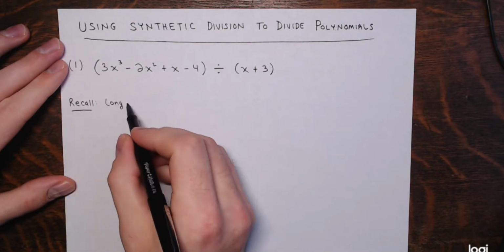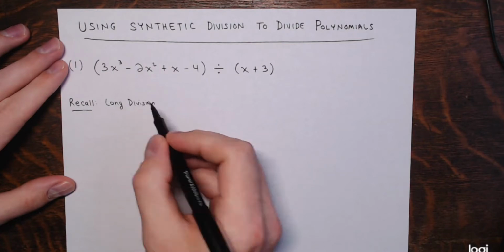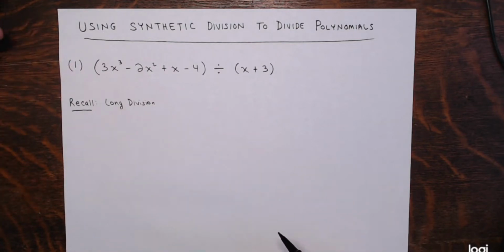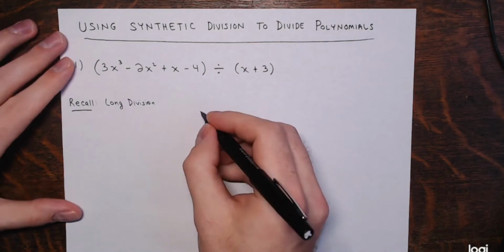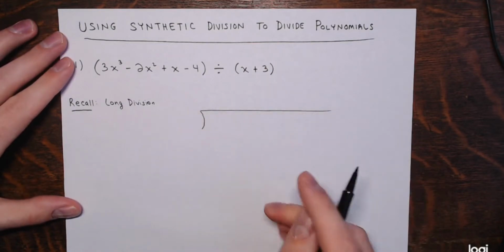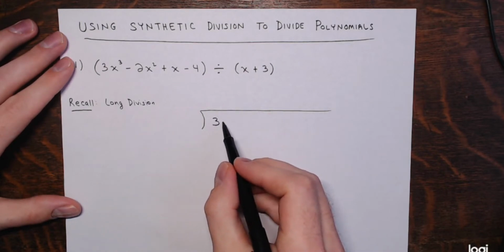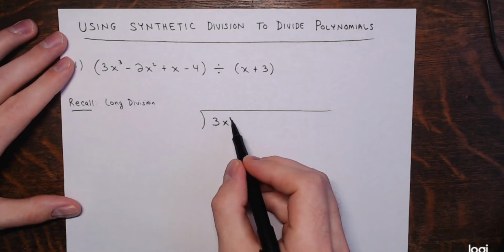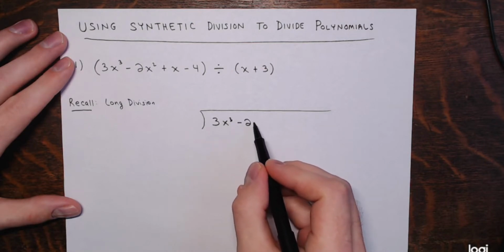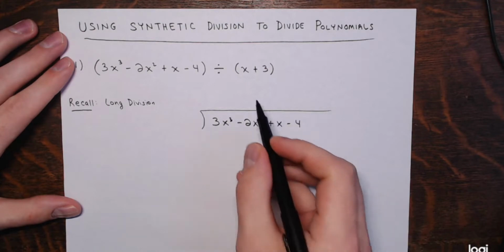You're still asked to divide, so you can perform long division if you want. There is absolutely nothing wrong with that. Let me set up the division. I'm going to fly through this one, as I'm assuming you know how to do long division at this point. So 3x cubed minus 2x squared plus x minus 4 is the dividend, and the divisor is x plus 3.